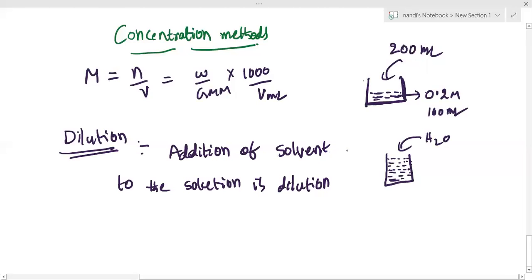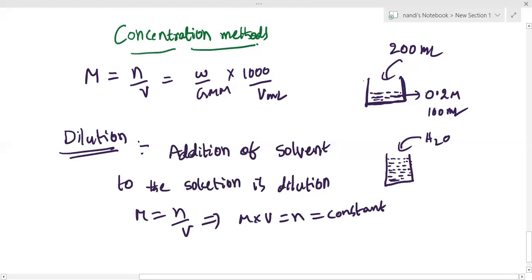In the dilution process, even if you add more water, whatever amount of substance or solute is present in the solution doesn't change. So the amount of solute remains constant, but we're adding more solvent only. Whenever the amount is constant, the number of moles of that solute is also constant. So for the dilution process, the number of moles is constant. So M into V equals n, and this is constant.